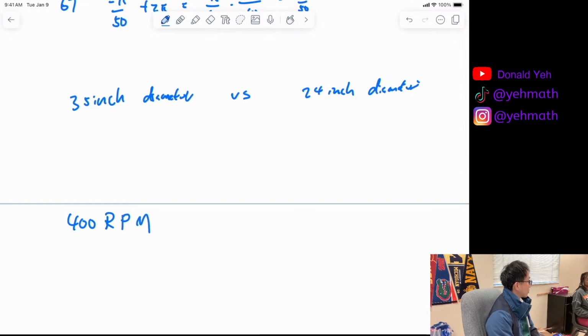RPM is rotations per minute, but we're talking about the wheel, not the engine, not the RPM inside your car, that's the cogs inside. So how fast is it going if we rotate at 400 revolutions per minute?